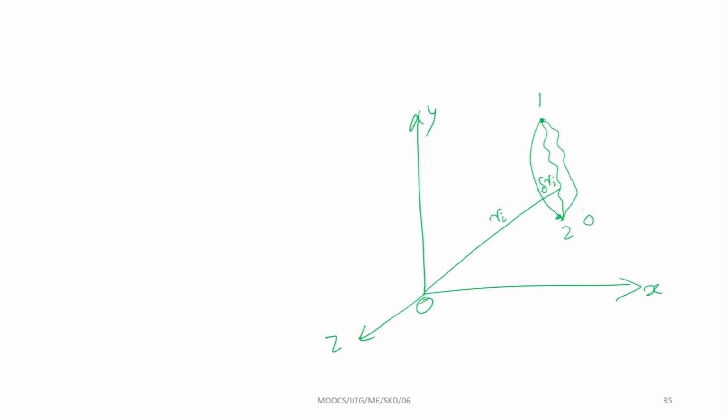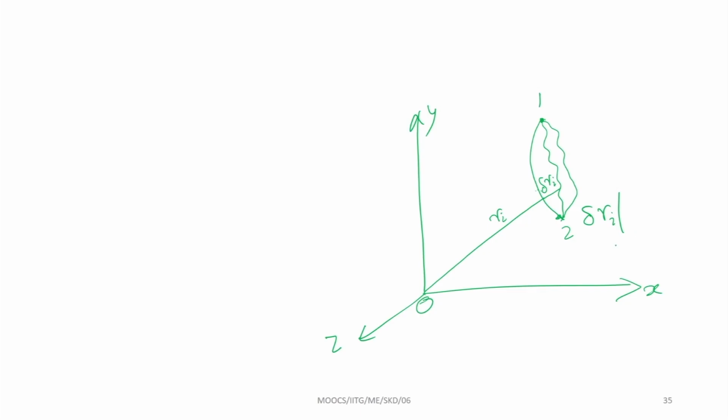That means delta Ri at T1 and at T2 is equal to 0.